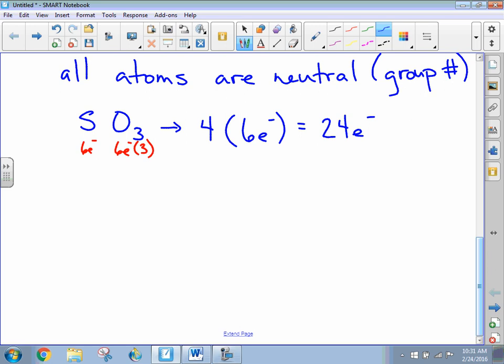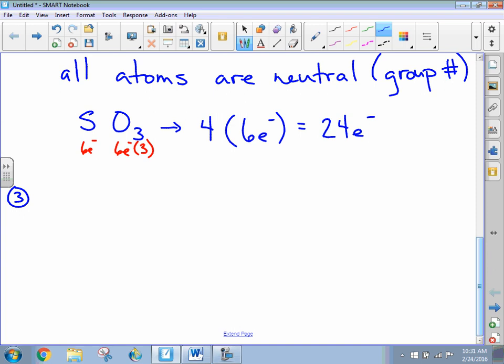If we're doing polyatomic ions, which is what we're going to be doing today, this step is very important. For the example of SO3, it doesn't have an effect, but you will see when we do the polyatomic ions that it does.